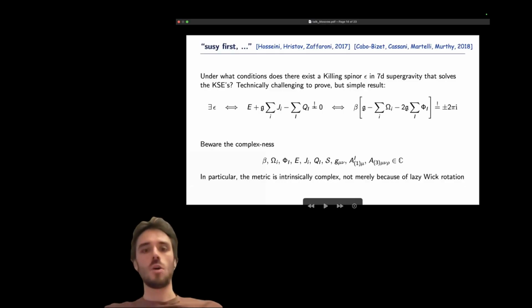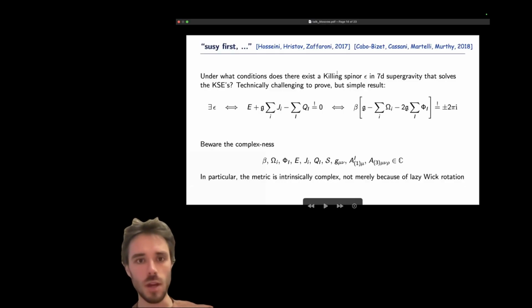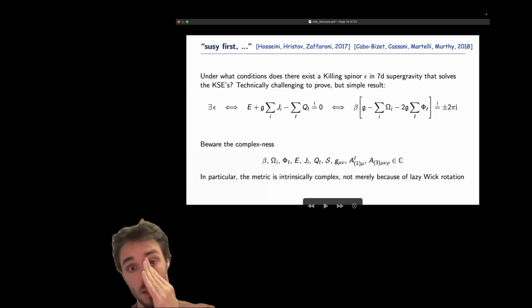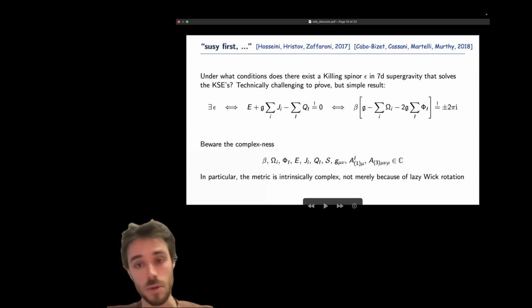Good. So continuing a little bit with the overture, there is this prescription that surfaced around 2017, 2018 of how you should be calculating Euclidean on-shell actions of supergravity solutions.